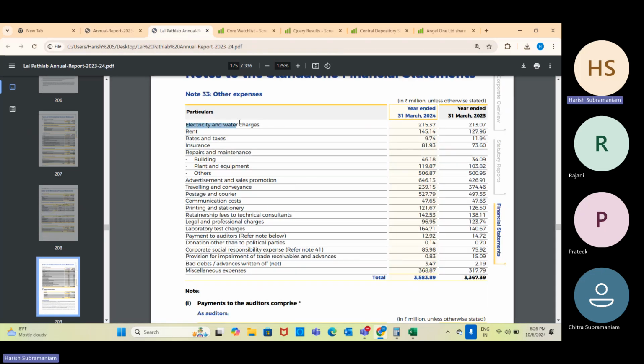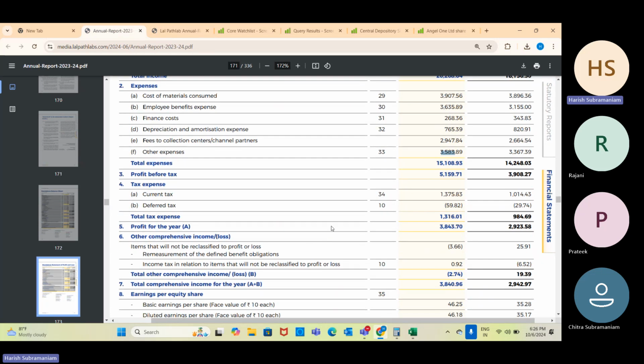We see there is electricity and water charges, rents, some insurance, repairs and maintenance, some advertisement, traveling, courier cost, printing and stationery, legal charges, some payment to auditors, then some donations they have given other than to political parties, some corporate social responsibility related expenses, and so on and so forth. They have a lot of expenses here. So you can see what kind of other expenses the company is incurring.